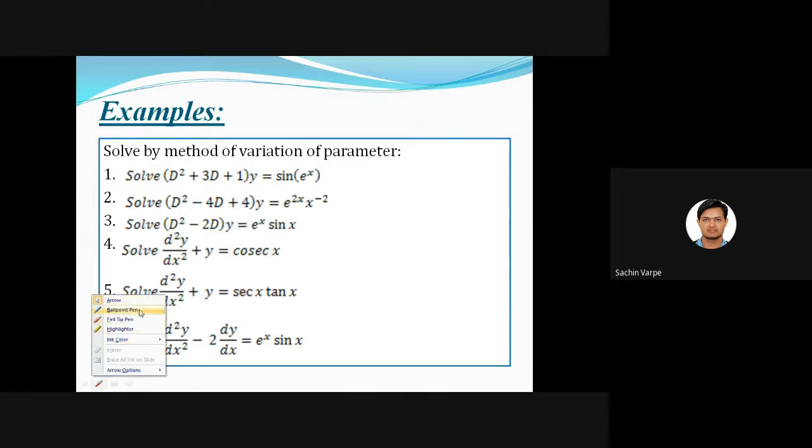We can try any one of these if you want me to solve. For example, in case of the first one, what will be the complementary function? If we find the roots, I think the roots will be imaginary, right? What are the roots for the first question?